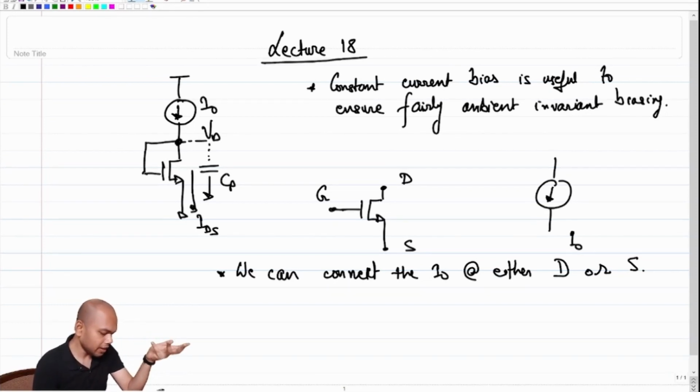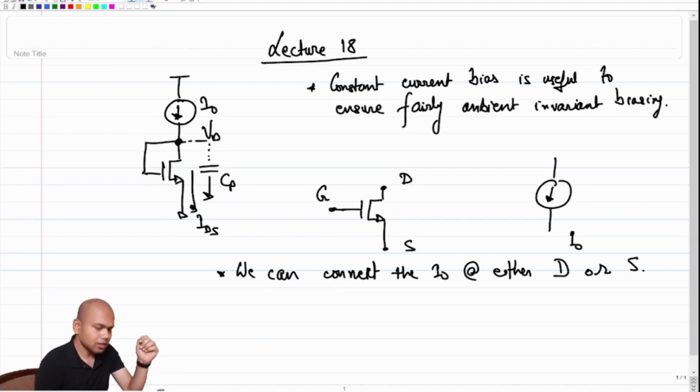So fine, those are the two options. But it's not like we connect the current source and the circuit will start working. We have to take some action, just like we did in case of the drain, right? So we have to do something to the gate or the source terminals of the device, right?